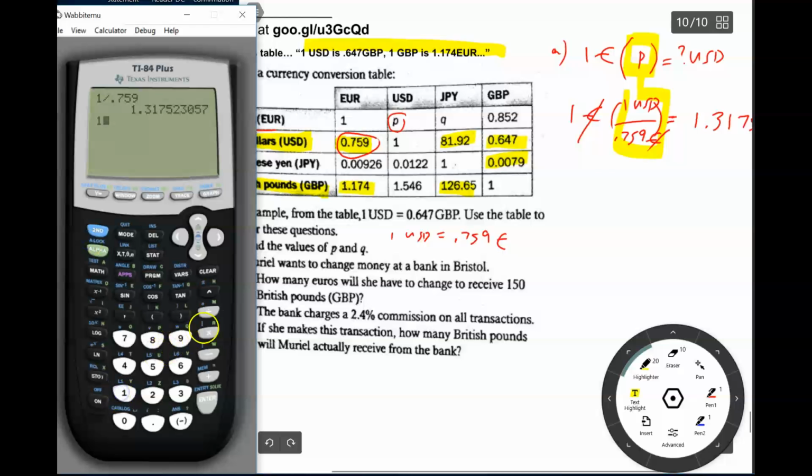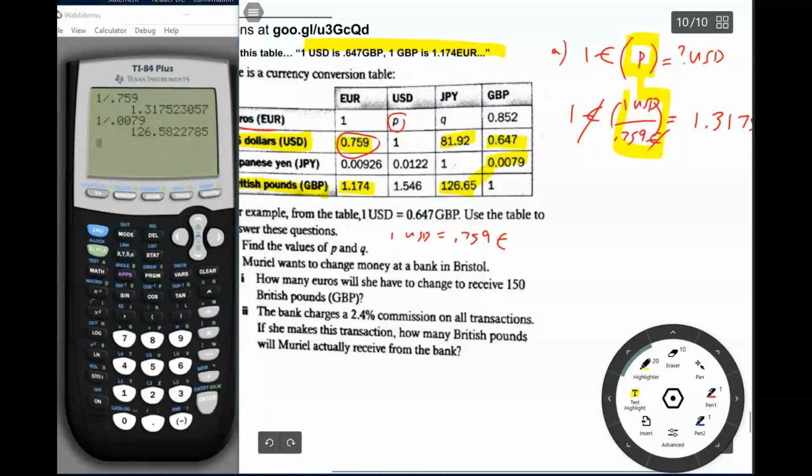So 1 divided by 0.0079 GBP is equal to 126.65, or in this case, it's rounded a little bit differently. Okay, so these ones that are across the diagonal are actually reciprocals of each other. Okay, that makes sense, right? Whenever you're doing conversion and you want to convert in the opposite direction, you just flip the domino over, right?